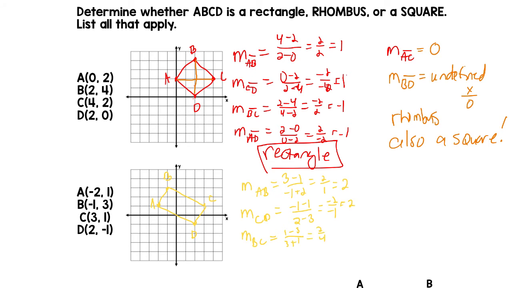It's -2 over 4, so that's -1/2. And the slope of AD is -1 minus 1 over 2 plus 2. So that's -2 over 4, or -1/2.